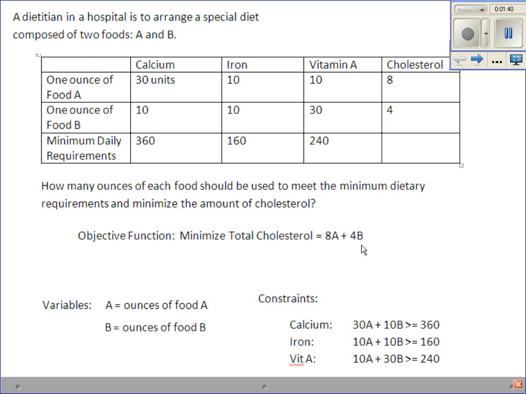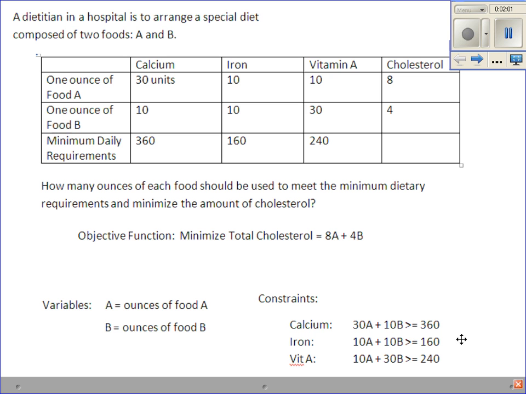For example, if we had 10 ounces of A and 10 ounces of B, that would be 80 units of cholesterol and 40 units of cholesterol, for a total of 120 units of cholesterol.